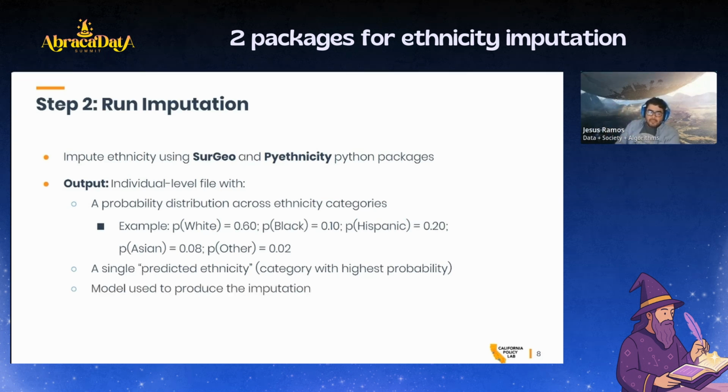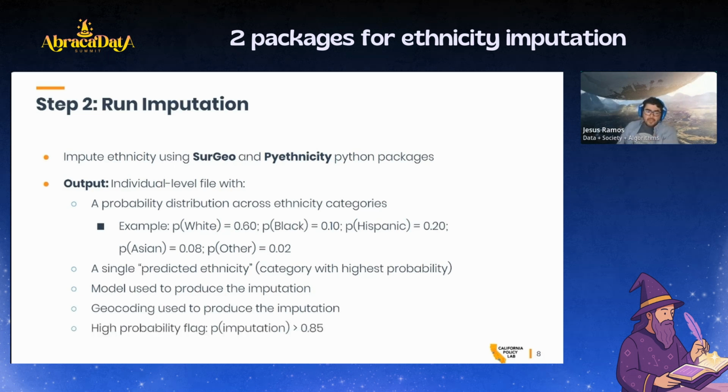We also add the model used to produce the imputation or the classification, that is either BISG or BIFSG, and the geocoding used to produce the imputation, either zip code or tract. And then just a Boolean flag, meaning that the selected ethnicity was a high probability one, meaning over 0.85 probability.